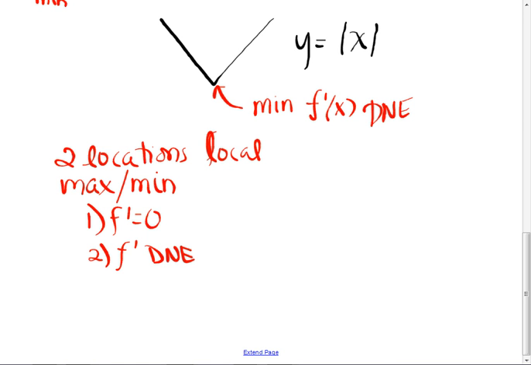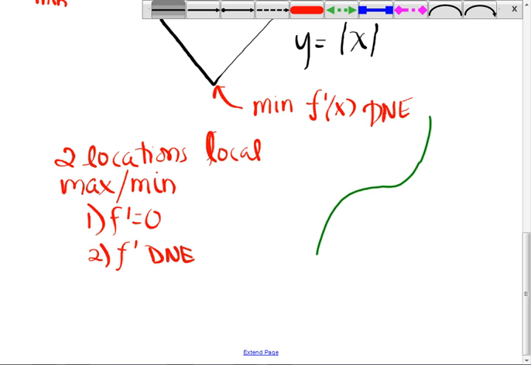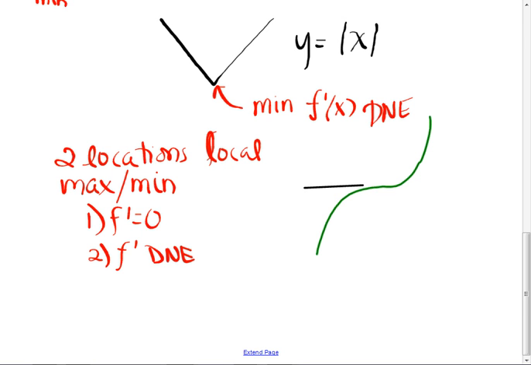What has to be true about your slopes? When you say the derivative is 0, I'm going to draw a function where the derivative is 0 at this point here, right there. Is that a max or min? No, it's neither.